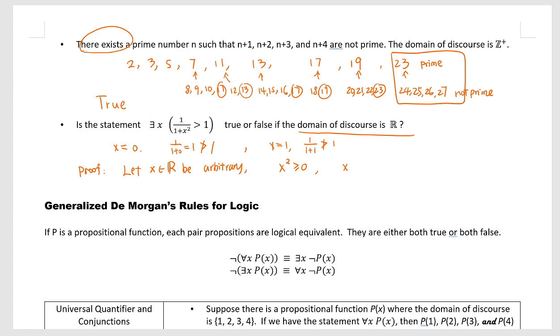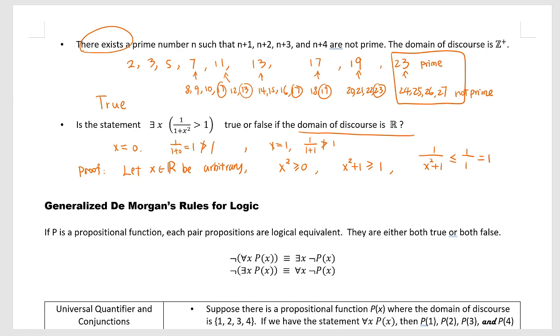And then, how do we get from x squared to this expression? Well, look at the denominator. We add 1, right? So x squared plus 1 is greater than or equal to 1. And then we flip both sides. When we flip it over, it's similar to what we did before, right? It's going to flip the inequality.